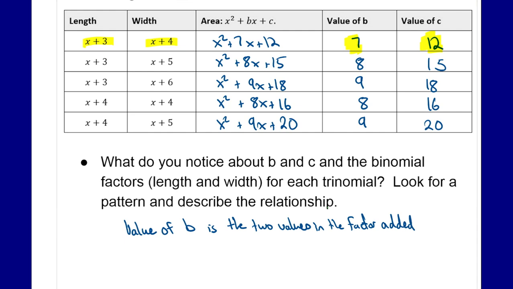I can use that idea for c. The value of c is the two values in the factors multiplied.